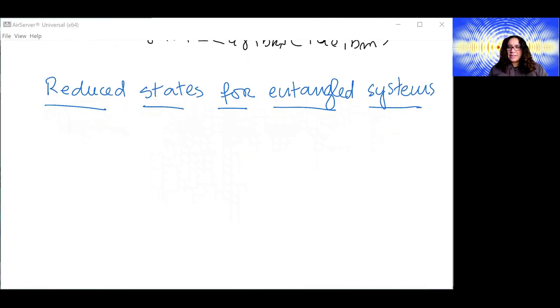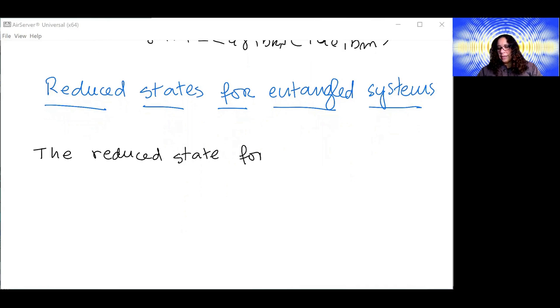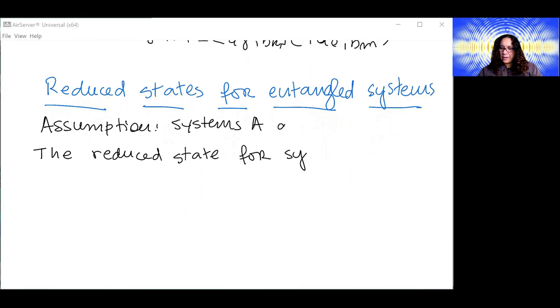And what do we call this? So the reduced state. Let's say we consider again systems A and B, which are entangled.